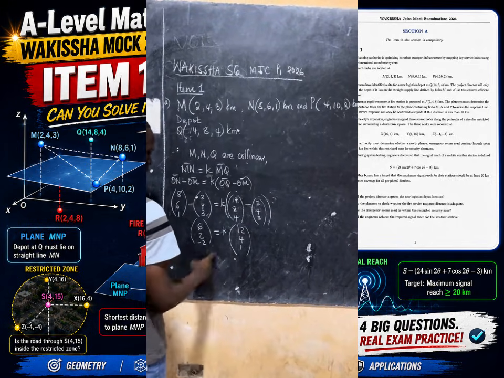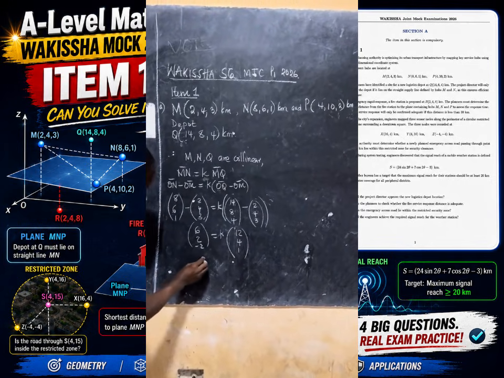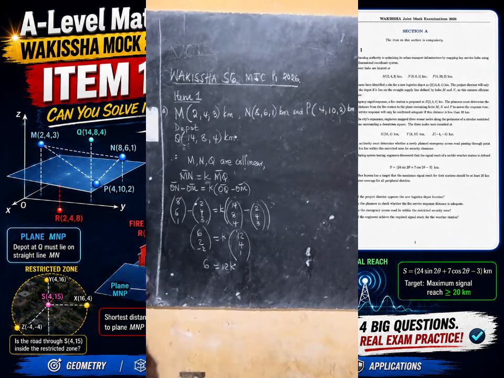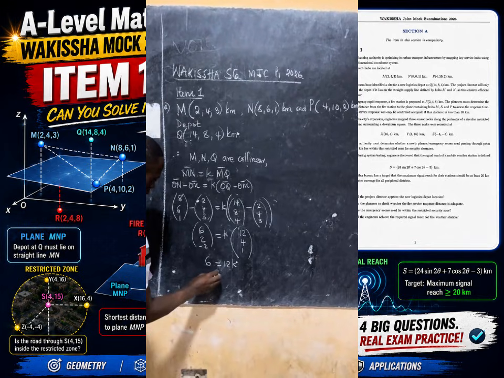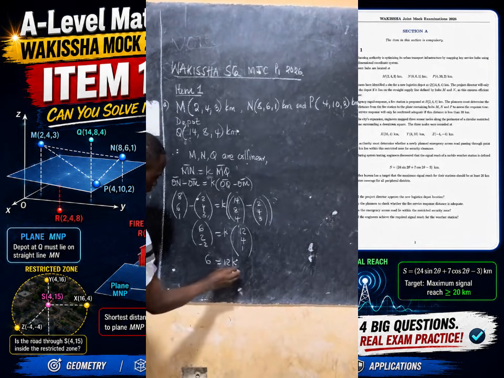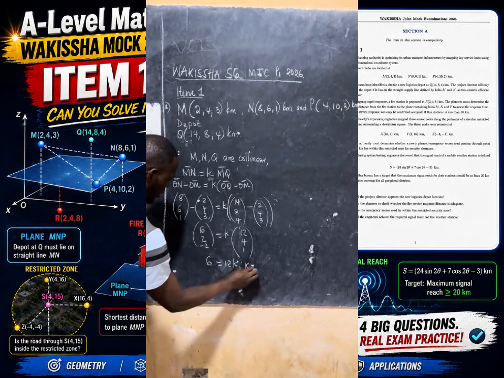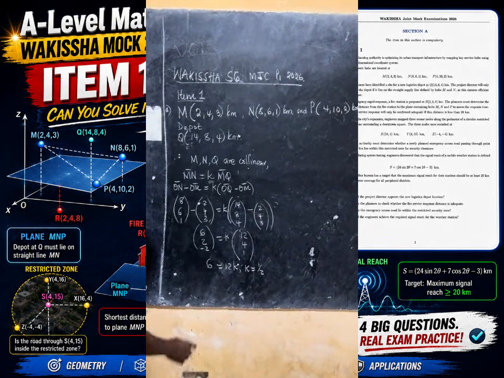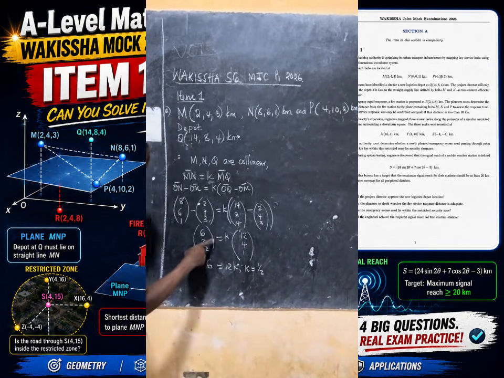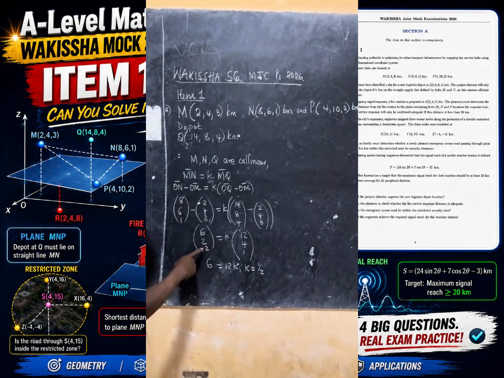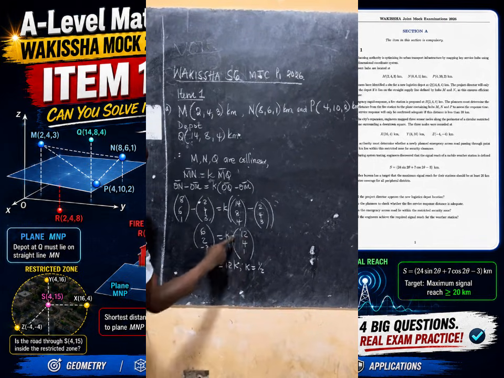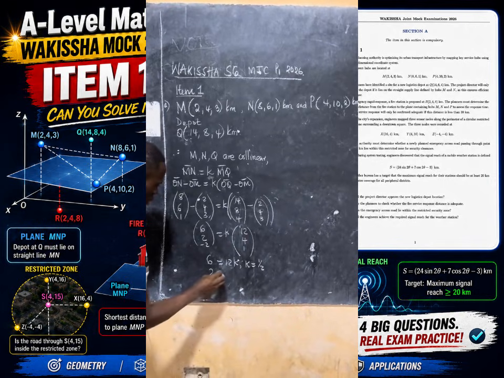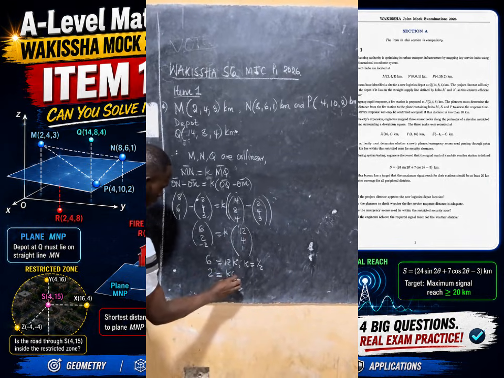Equating the x to the x, it will give me 6 equal to 12k, and if I divide through by 12 on both sides, k is equal to a half. I want to test and see if it is the same for all. Now, x has been equated to x, then I go to y, which is 2, equal to k times 4.